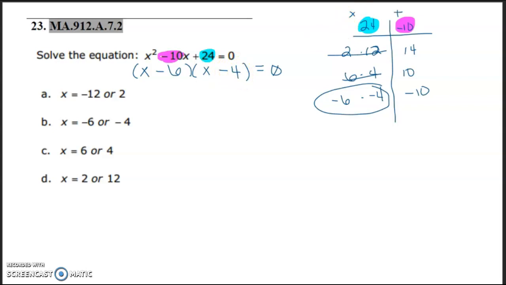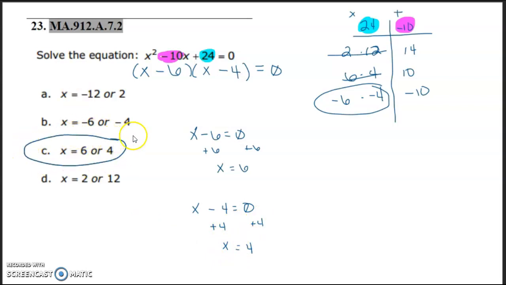Now that I have my factors, in order to solve them, we're going to set each of them equal to 0. So we start with x minus 6 equals 0 and x minus 4 equals 0. We add 6 to both sides, and x equals 6. Add 4 to both sides to get x by itself, and x equals 4.